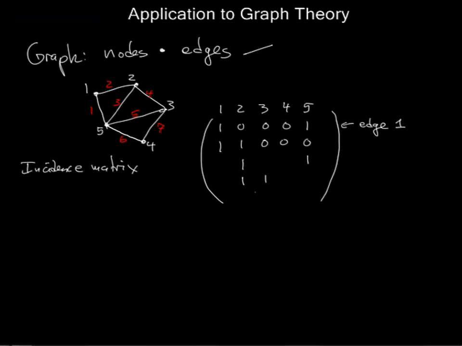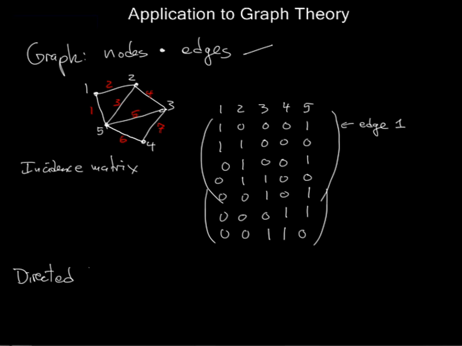So each row has two ones in it, telling you which of those two nodes form the ends of that edge. So the first edge goes from node 1 to node 5. So in this case you get this particular 7 by 5 matrix.